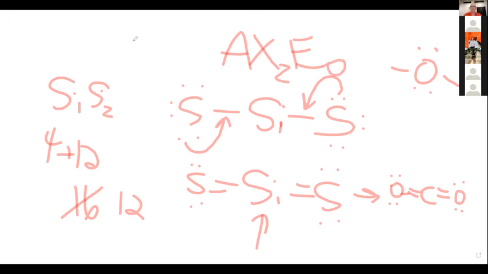AX2, linear, just like carbon dioxide. And so is it polar or non-polar? Non-polar, because it's symmetrical. Just like carbon dioxide is non-polar, silicon disulfide is non-polar as well.